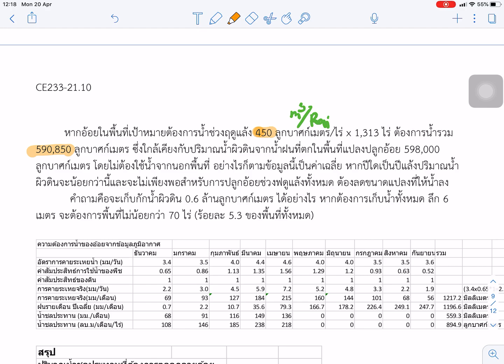You can see that the estimated surface runoff from rainfall is about the same scale, about 0.6 million. But that is on average rainfall.